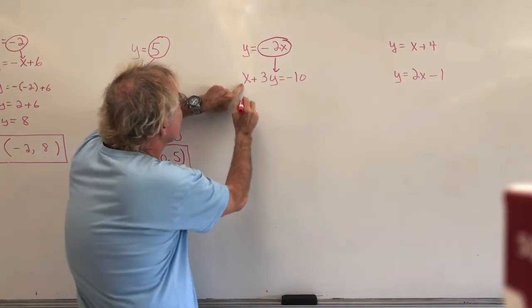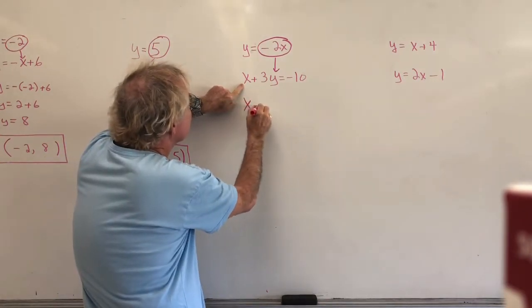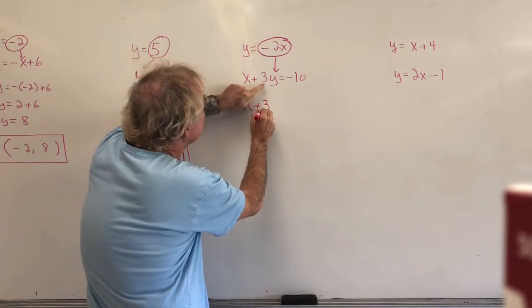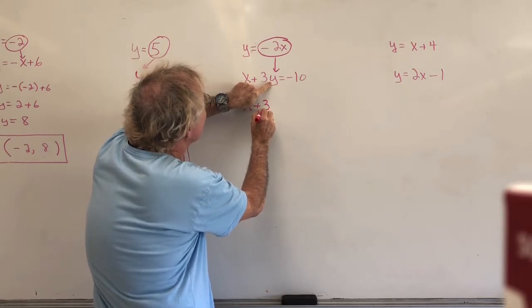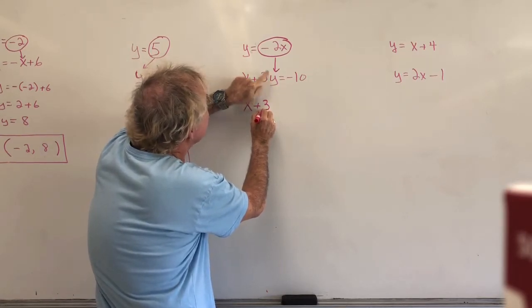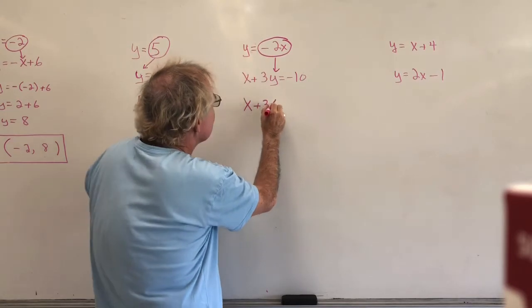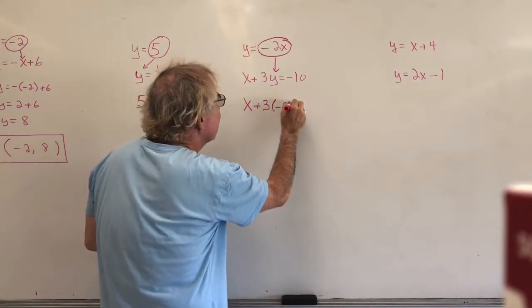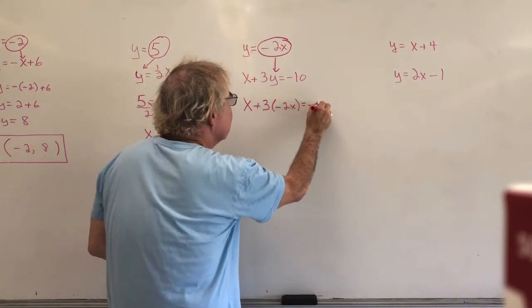So we write x plus 3y, but y is equal to negative 2x, and that's equal to negative 10.